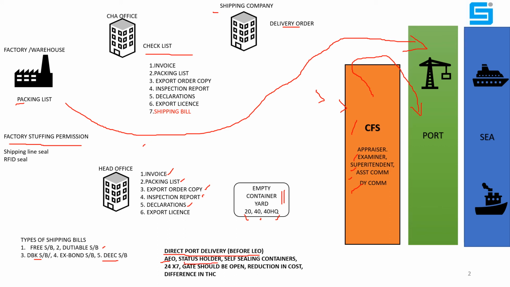Status holder means the exporter has 1 star, 2 star, 3 star, 4 star, or 5 star status. As their turnover goes up, they are issued different status, and accordingly, if they are status holders, they can take the container directly to the port.